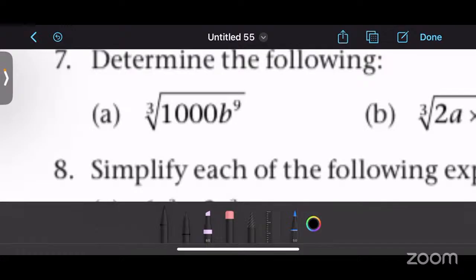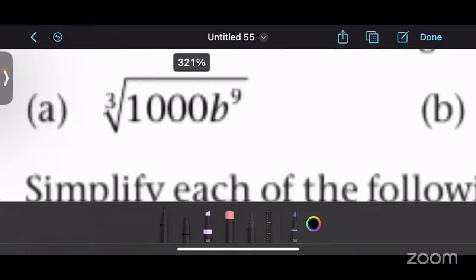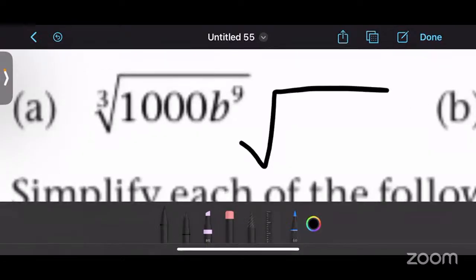Then you're going to check how many times 1000 gets into a number. So it's going to be 10 to the power 3, cube root of 10 to the power of 3.